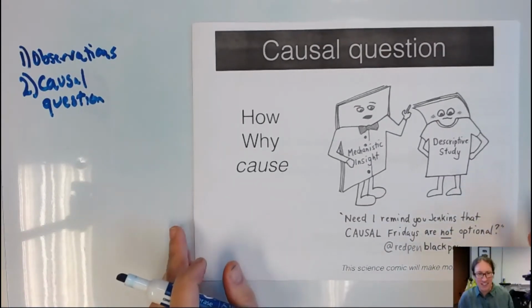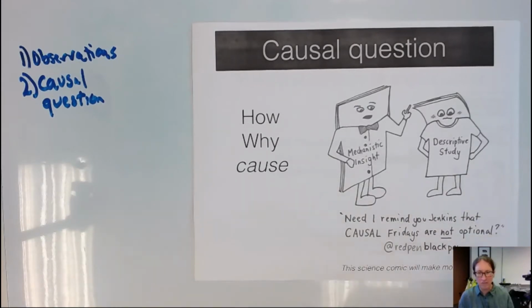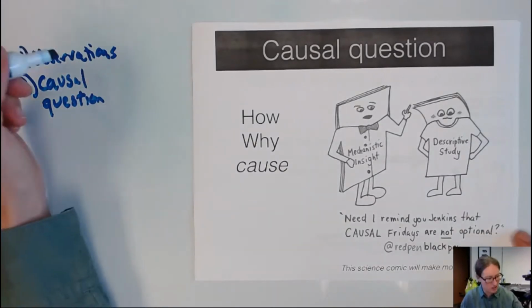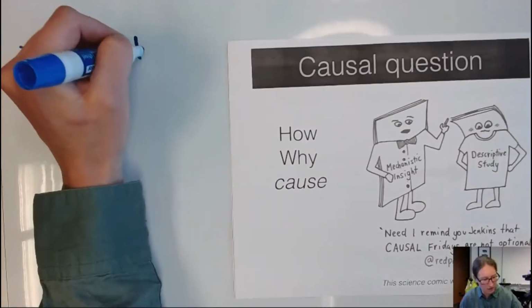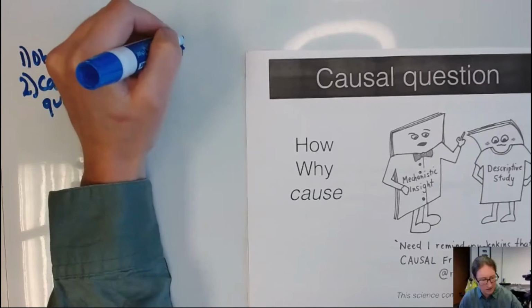And so given now that I've told you a little bit about what a causal question is, what I suggest you do next is pause this video and jot down a quick causal question that follows logically from the puzzling observations of frogs having a lot of limb deformities.